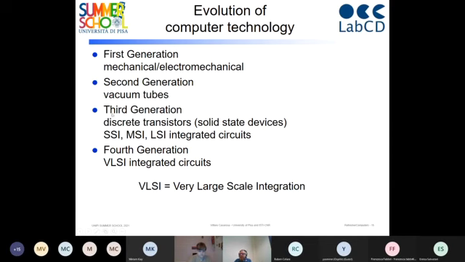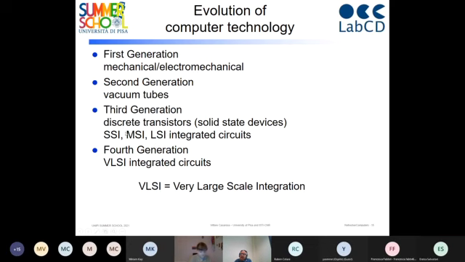And now the big jump was with the third generation, in which the vacuum tubes were replaced by transistors, which had the same electrical properties, but they were solid-state devices, meaning just built on a chip of silicon and other components.